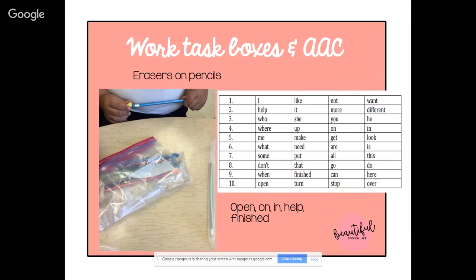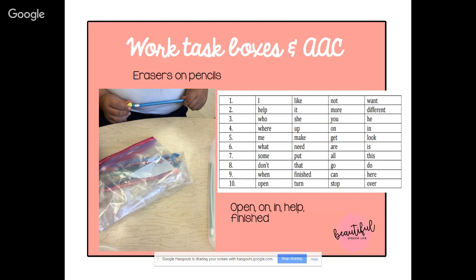I show it to them first, and these are the words I use: open, on, in, help, and finished. Then I demonstrate using the cards, pointing to the core vocabulary: first we're going to open the box, and then take out the pencils in one bag and erasers in the other bag.